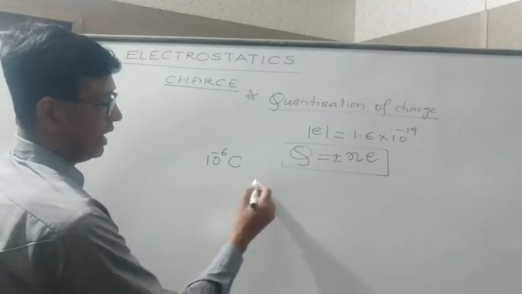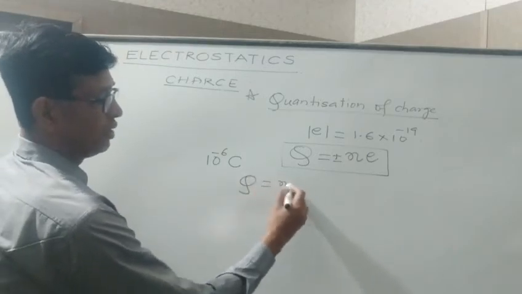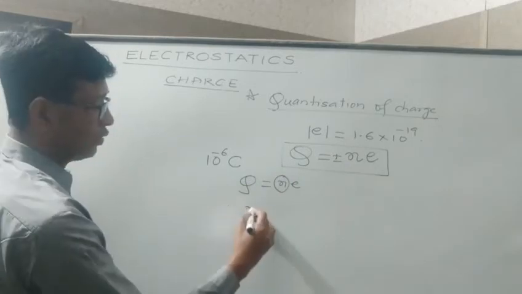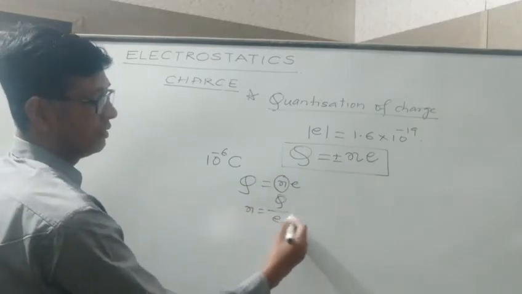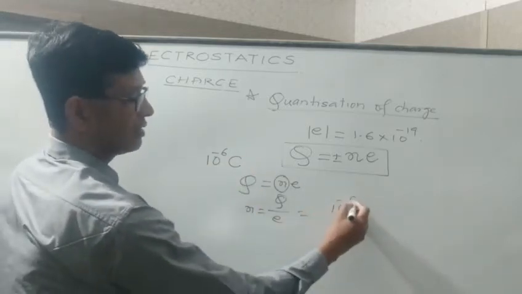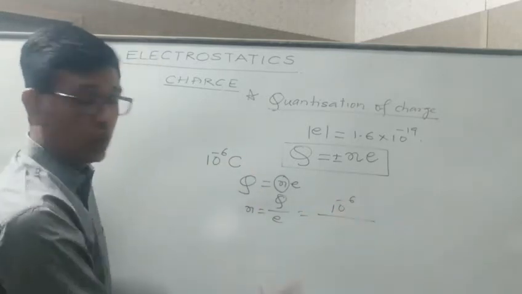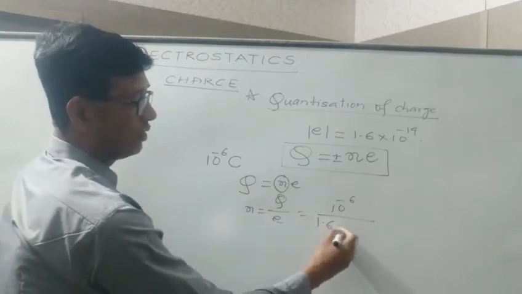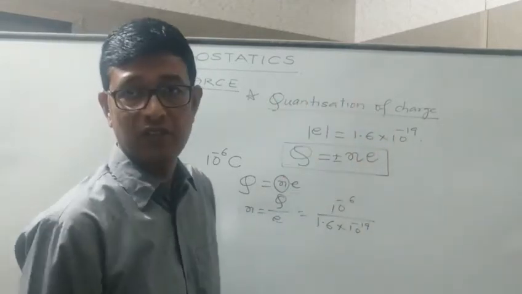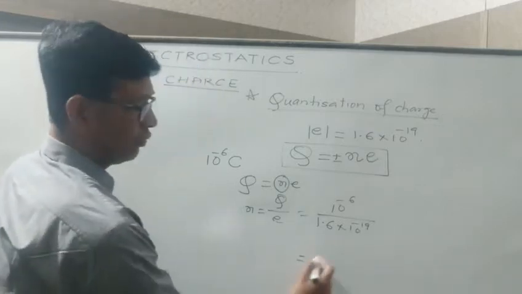As per the quantization of charge, we are aware Q equals n e. n is the number of electrons that are transferred, isn't it? So n would be equal to Q by e. What is the total charge acquired by the glass rod? It is 10⁻⁶. What is the value of e? It is 1.6 into 10⁻¹⁹. It is considered the smallest unit of charge, right? So we can easily solve it.